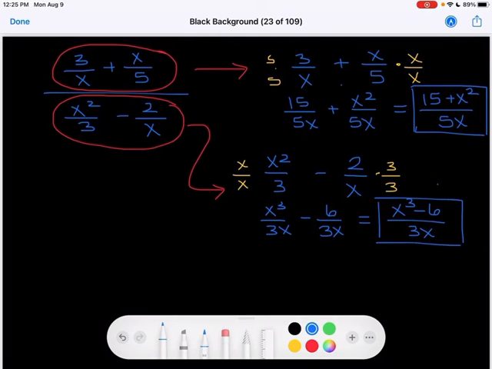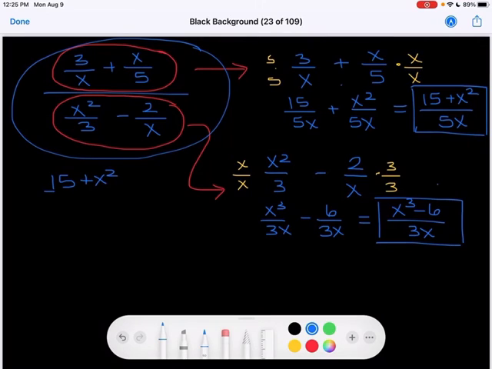So now I can rewrite this whole complex fraction. I can rewrite this as 15 plus x squared over 5x all over x cubed minus 6 over 3x. And now this is the part where I'm going to do it like the first one.